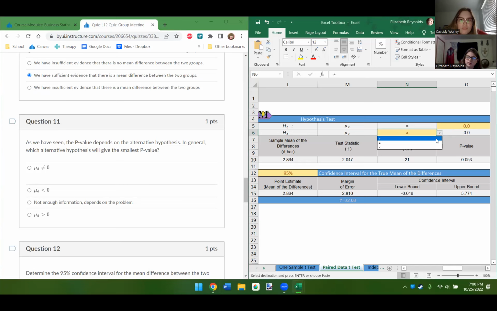So not perfectly in half. So not equals 0.05. That's the smallest one.